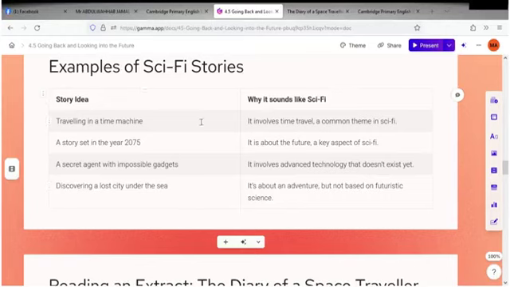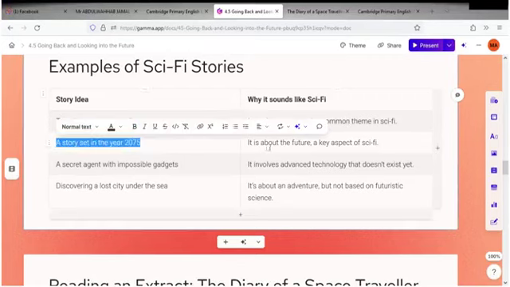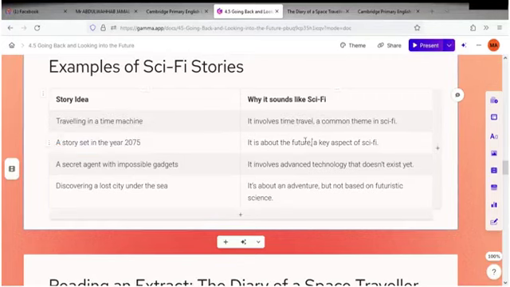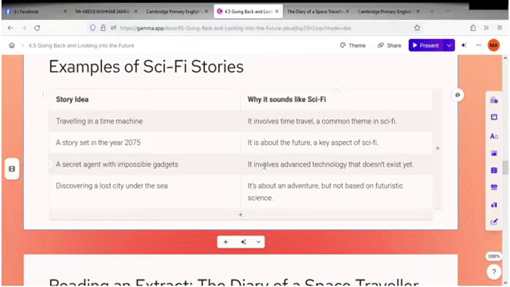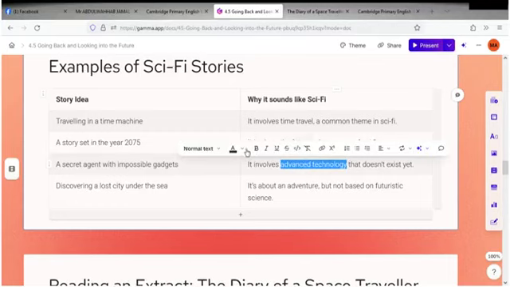If you are writing about time travel, it is a very common theme in science fiction. A story set in 2075 is in the future, and the future is a key aspect of sci-fi. A secret agent with impossible gadgets, impossible now, but later they might be possible. It involves advanced technology.